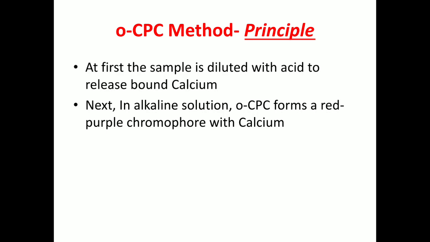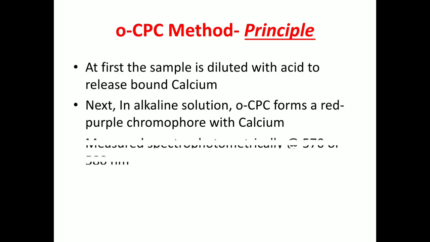In alkaline medium, OCPC will bind with calcium and form a complex. That colored complex, the chromophore, is reddish purple, and you can simply measure it spectrophotometrically at 570 or 580 nanometer, whatever you have in your spectrophotometer. By the Beer-Lambert law, the intensity of the color will be proportional to the concentration of calcium present.